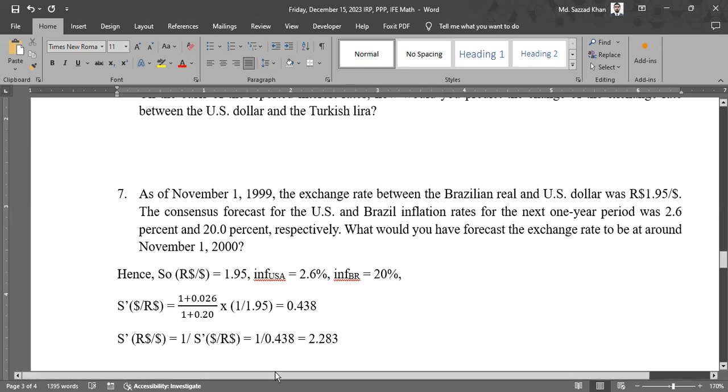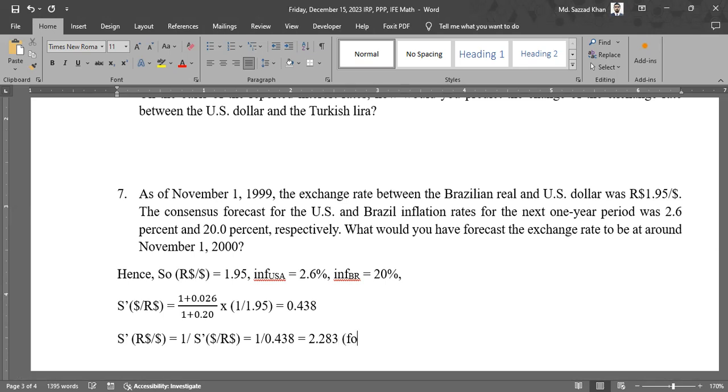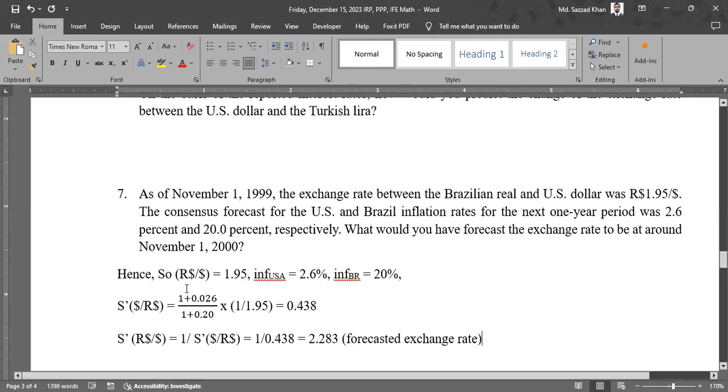So what does it mean? This is the forecasted exchange rate. This is how we forecast. So currently the exchange rate is 1.95, because inflation will take place in Brazil and USA, because Brazil is 20%.